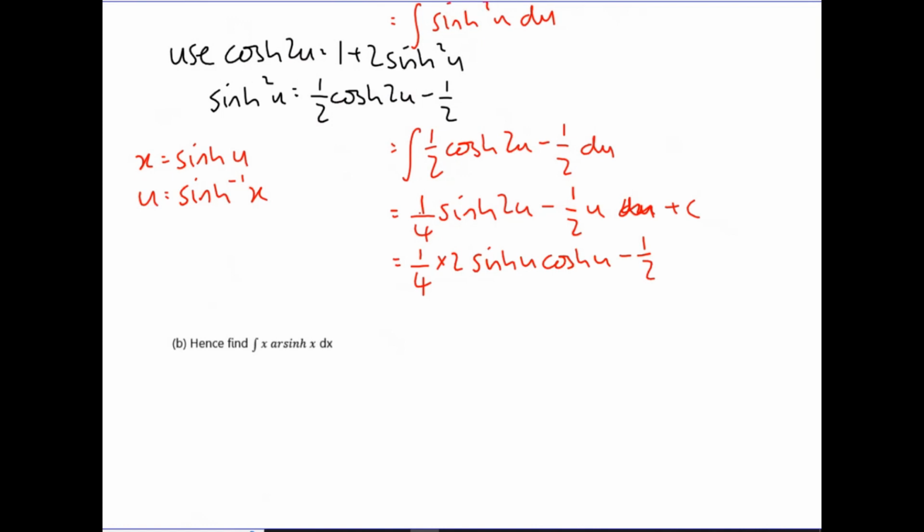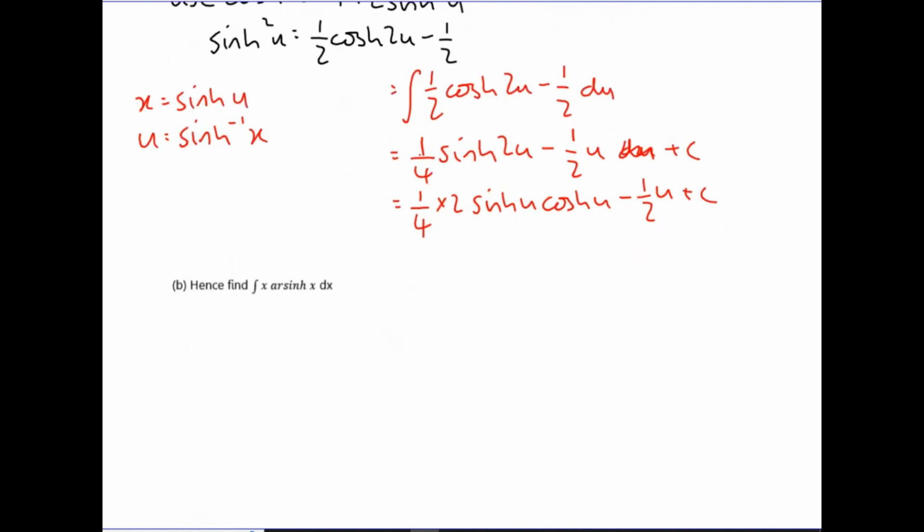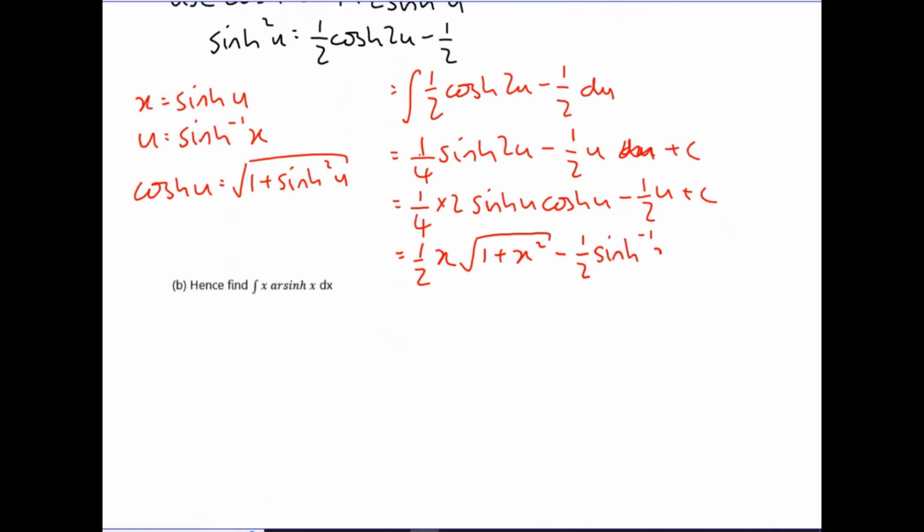So that's plus the quarter from before. Cosh, we're going to write as root 1 plus sinh squared in this case, and then we can start turning it into x. So we've got a half x instead of sinh u, root 1 plus x squared instead of cosh u, and minus a half sinh to the minus 1 of x plus c. I can use the ln definition.